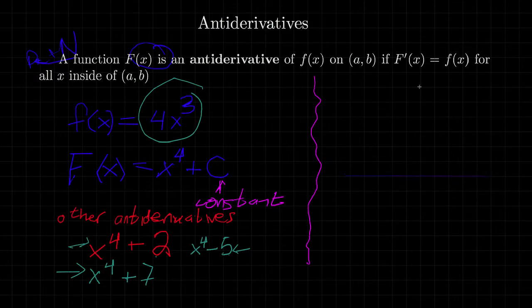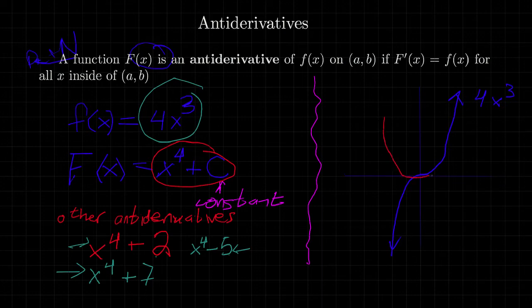Okay, so let me make a little picture. So this is my x and y axis. And this guy right here, I'm going to graph 4x to the third. Now this is, of course, a very rough sketch, but it'll look something like that. 4x to the third, roughly. And then x to the fourth plus c, what this means is this guy right here, well, x to the fourth looks something like this, sort of like a flatter parabola kind of a deal.